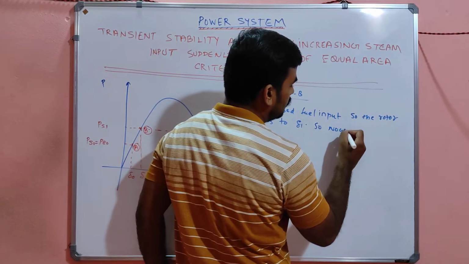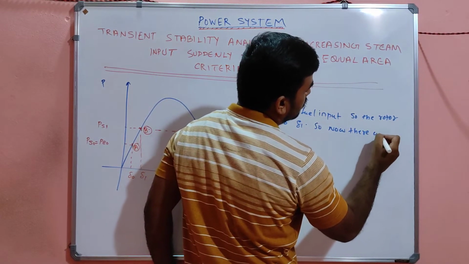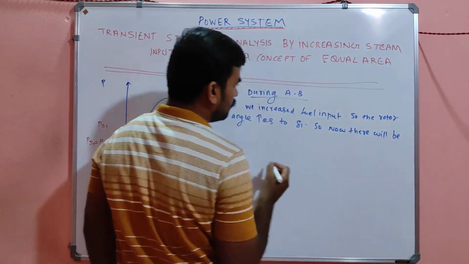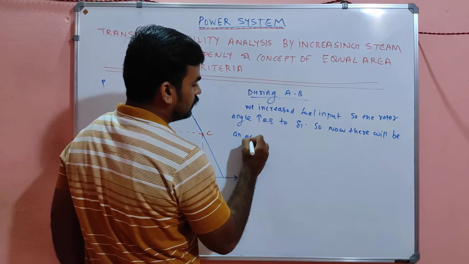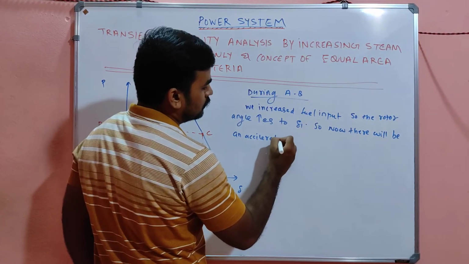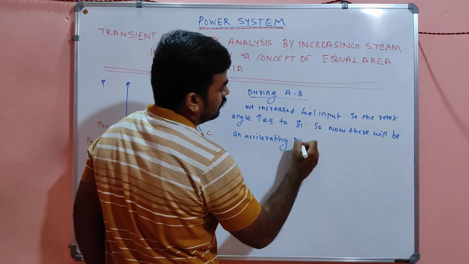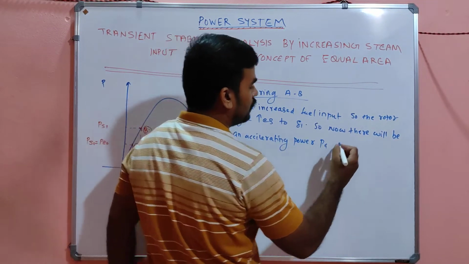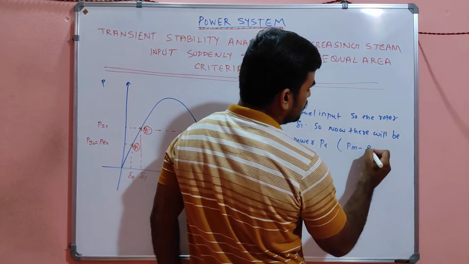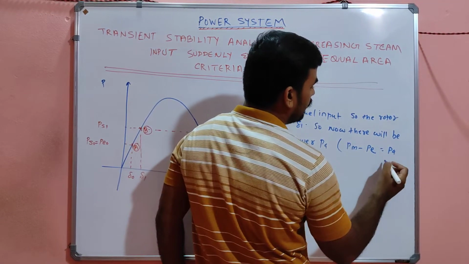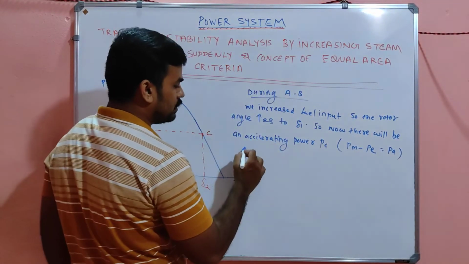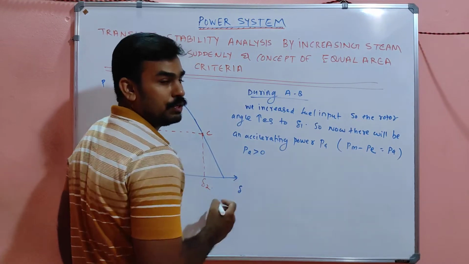Now there will be an accelerating power PA, because PM minus PE is called PA, and that accelerating power PA will be greater than 0.